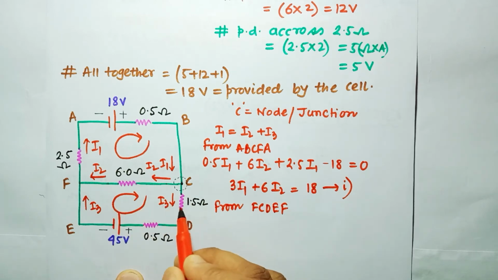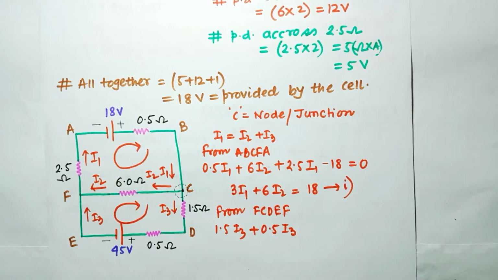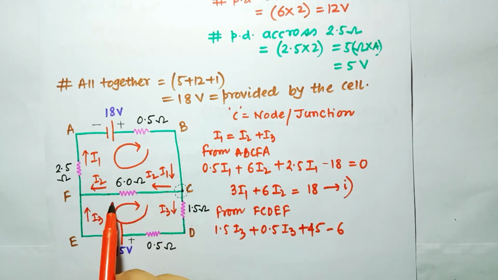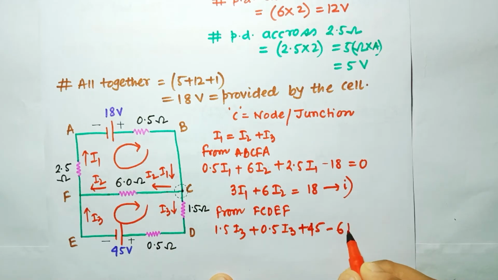So through 1.5 ohm the current passing is I3, so I will write 1.5 times I3 plus 0.5 times I3, because I3 is flowing through 0.5 ohm, plus I will see the positive terminal of the battery in this direction of traversing, so it will become plus 45, minus 6 I2, because I am traversing in this direction, but I am assuming that I2 is from right to left, while I am traversing left to right, so it will be minus 6 I2 is equal to 0.